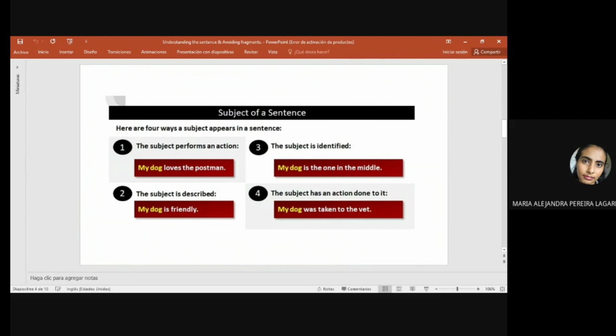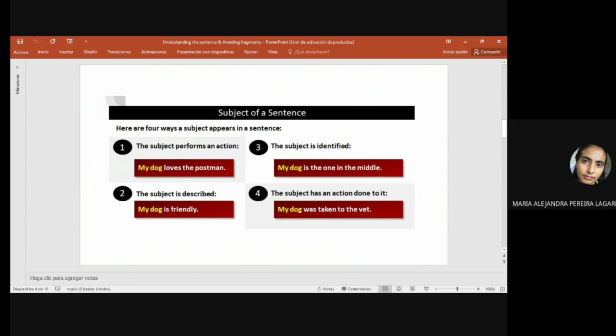We can find that the subject is described. The dog is friendly, which means that my dog has a friendly humor. The subject is identified.